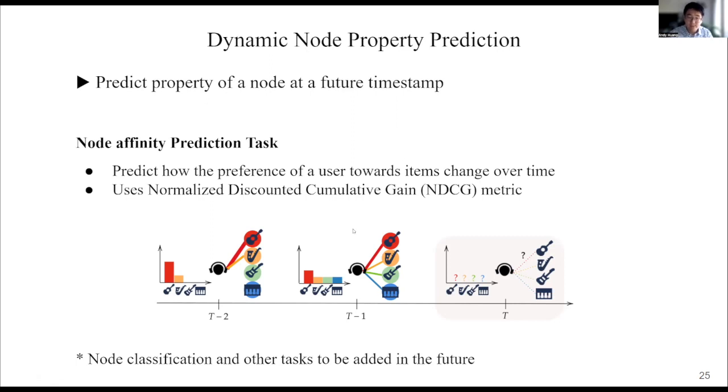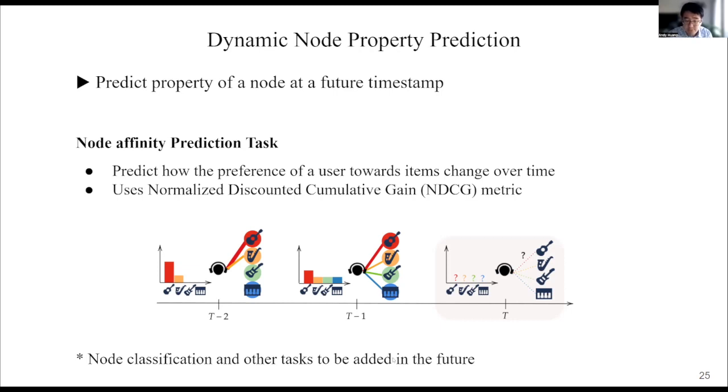Here we use the normalized discounted cumulative gain, or NDCG metric, which not only checks the top result, but also checks whether the ranking of the top 10 items matches that of the ground truth.